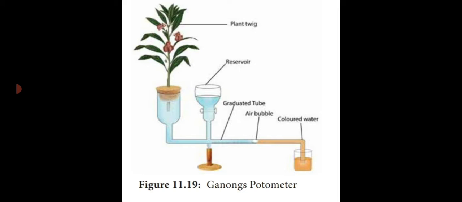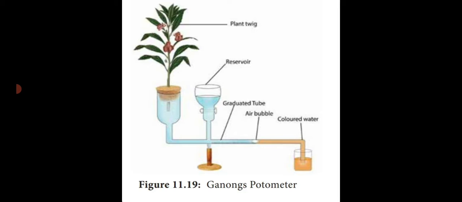Then after some time, the air bubble created near the downward glass tube moves in the graduated tube, which indicates that transpiration is taking place in the plant.